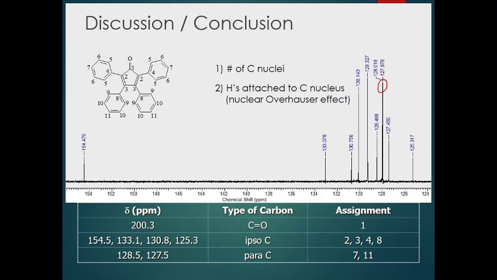The more likely answer is that it is not in fact 8 equivalent carbons, but 2 sets of 4 that happen to be overlapping. They just happen to absorb at the same chemical shift, even though they are not equivalent carbons. And then you would simply enter it in the table, that one peak representing 2 different types or 2 different sets of carbons.